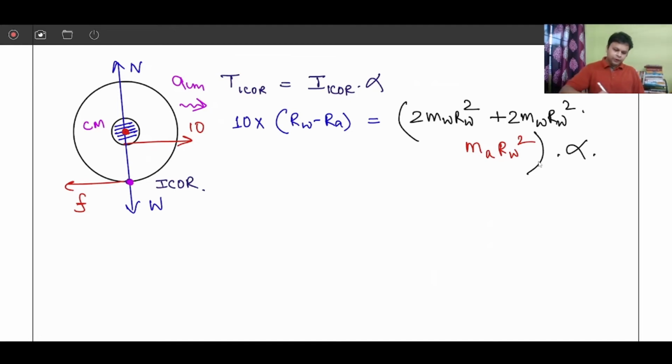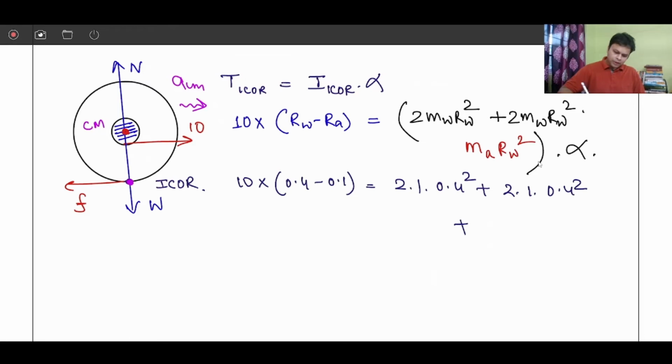So let us substitute the values first. 10 into 0.4 minus 0.1 is equal to 2 into 1 into 0.4 whole square plus 2 into 1 into 0.4 whole square plus, what is the mass of the axle?